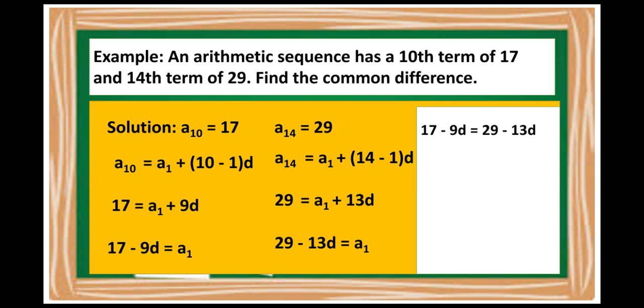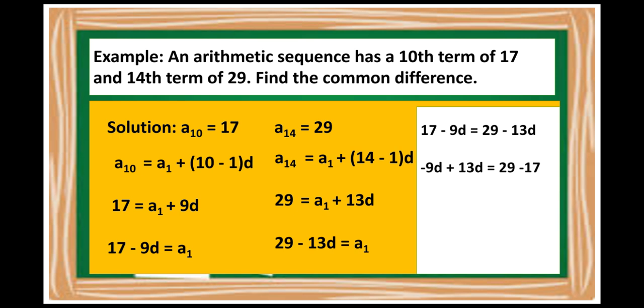17 minus 9d is equal to 29 minus 13d. Solving for d in this equation, transposing the 13d to the left side, we have negative 9d, and then it will become positive 13d, is equal to 29.